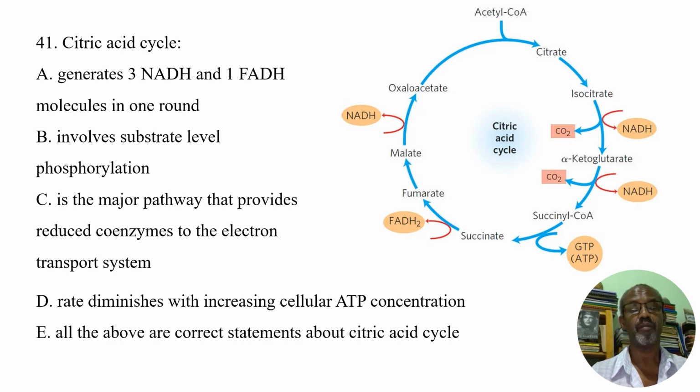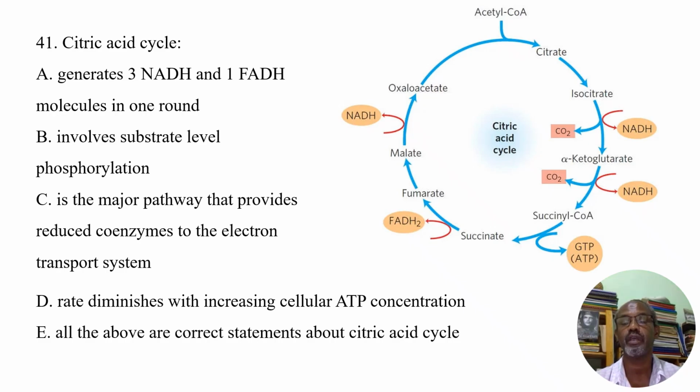C: is a major pathway that provides reduced coenzymes to the electron transport chain. Yes, reduced coenzymes, NADH and FADH2. D: rate diminishes with increasing cellular ATP concentration. Yes, when ATP concentration in the cell is high, ATP itself is used as an allosteric inhibitor of some of the enzymes of the citric acid cycle, so that the rate of the citric acid cycle decreases.